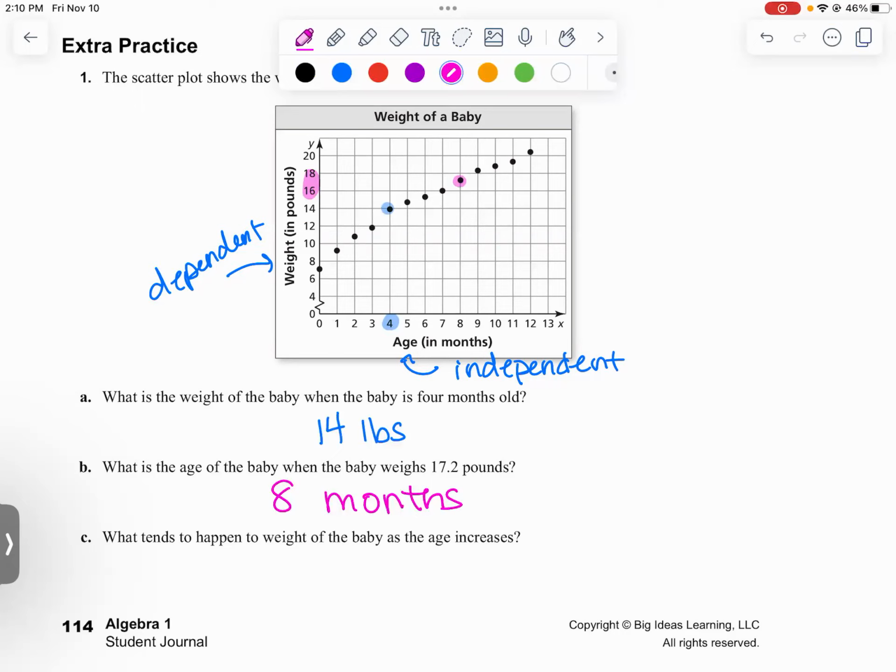It increases. Which is why we see a positive correlation. We see a positive trend. If we were to draw a line, it would have positive slope.